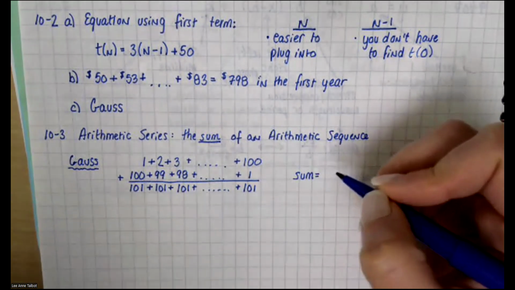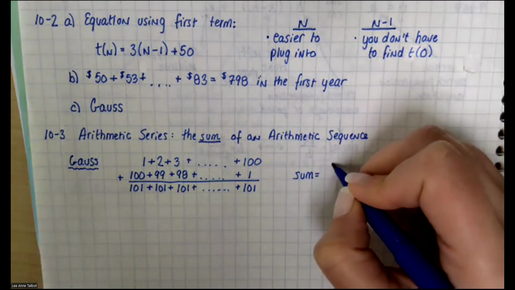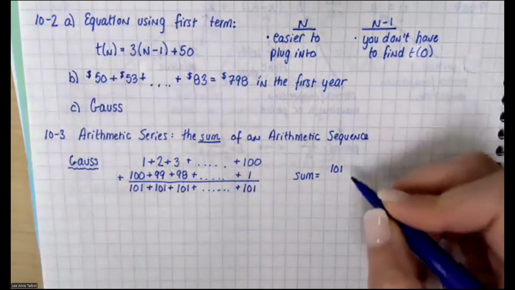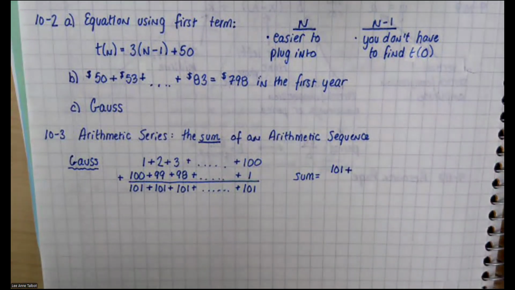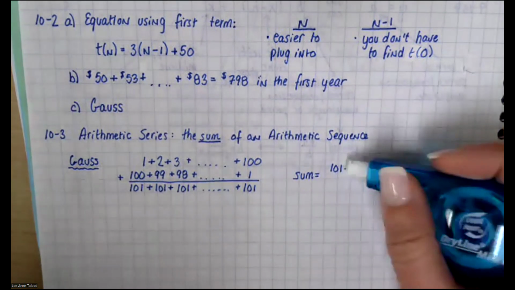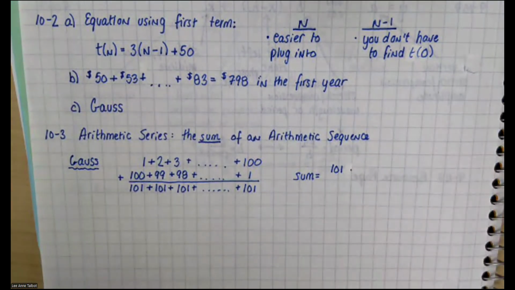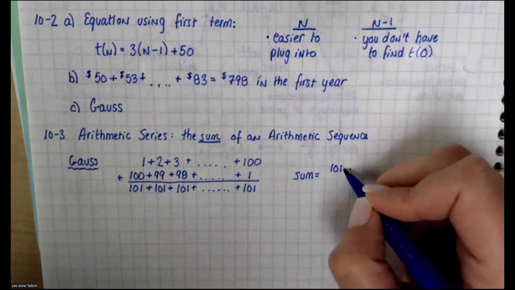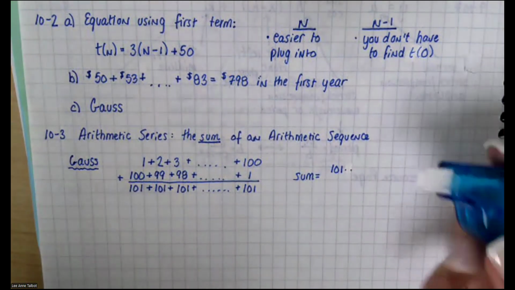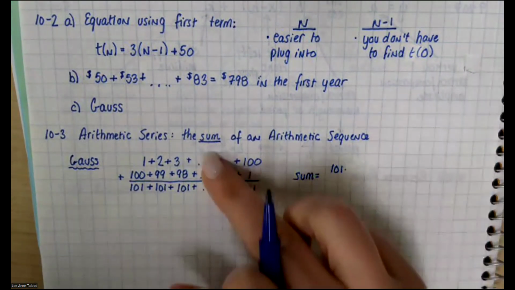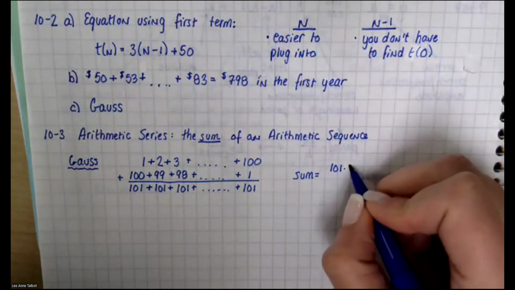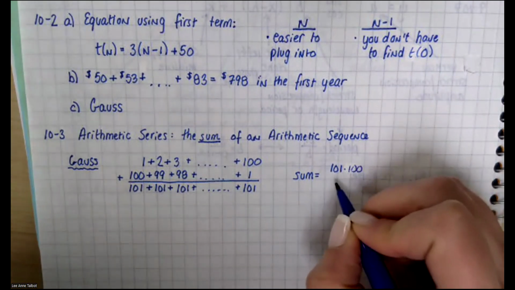So Gauss says, okay, if I add all these up, I get 101. How many times? I don't want a plus there. I wanted a times. How many times do I get 101? How many columns are there? Okay, you've got to think more with your imagination, including the dot, dot, dot. 100.